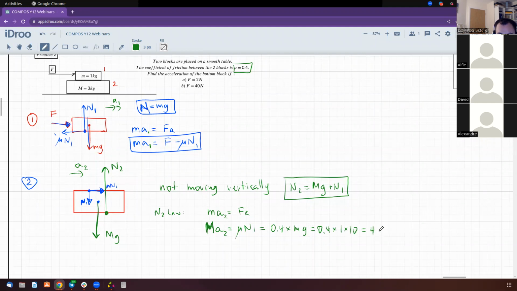So that's 4 newtons. So the acceleration of the second block is equal to mu N1 divided by capital M. So that's 4 divided by 3, which is 1.33 meters per second squared.